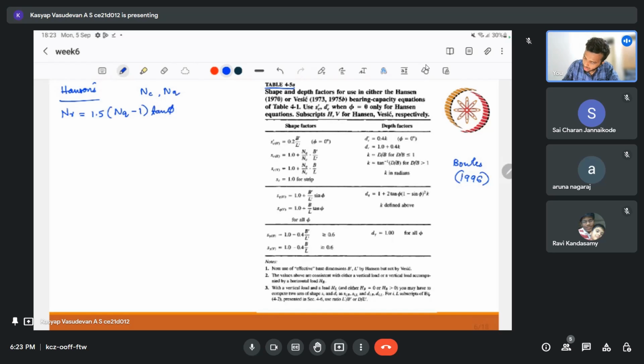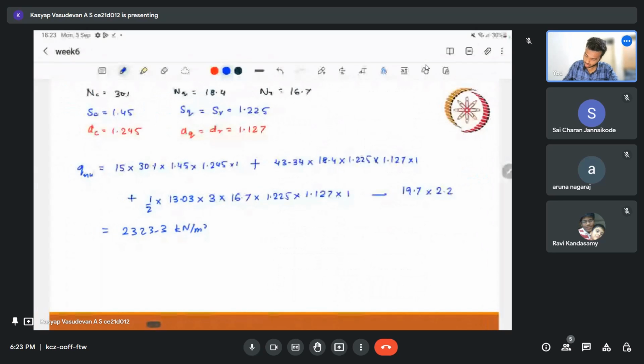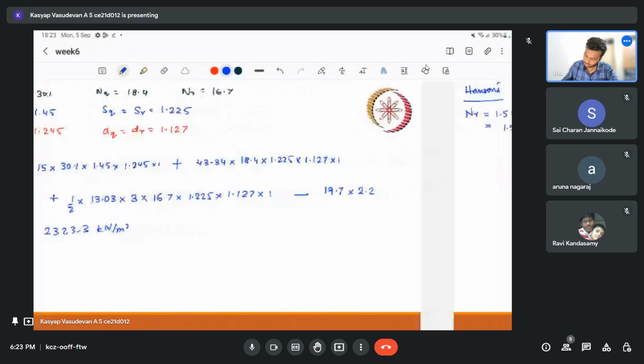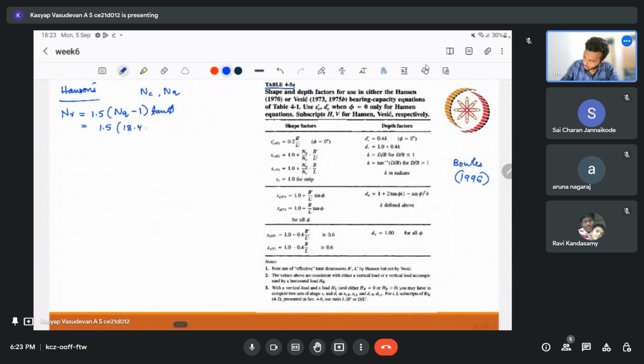If I substitute, I get 1.5 into (our old NQ, 18.4, minus 1) into tan 30. 1.5 into 17.4 into tan 30, so this comes out to be 15.